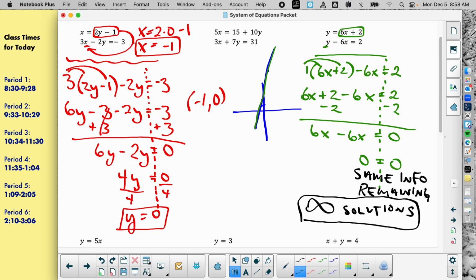You have an infinite number of solutions because the lines are on top of each other and they cross everywhere. It's really a weird answer. But that's what it means when you don't have an x or y, you just have nothing.